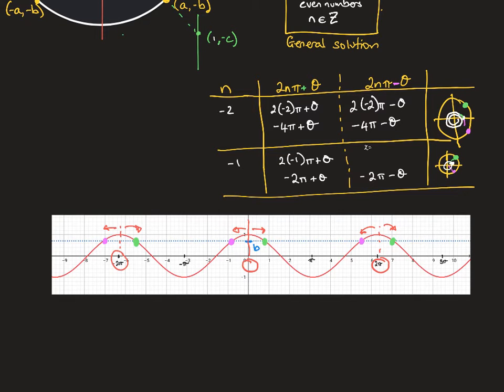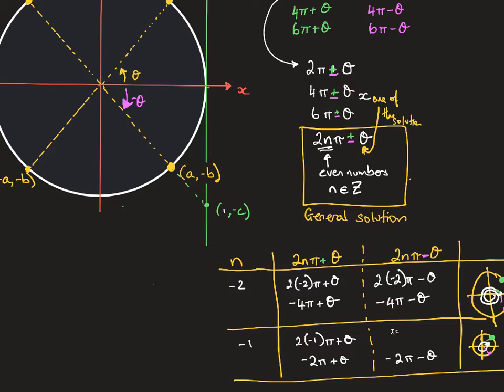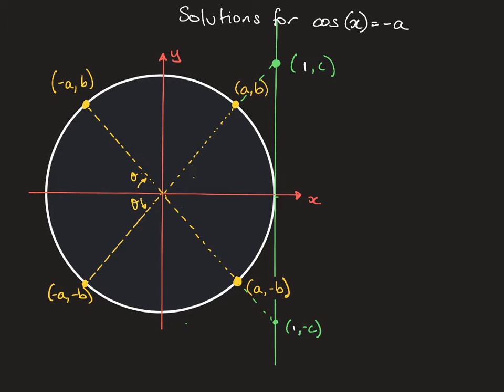Now, if the cos value that we're looking for the angle for is a negative value, then our B is below the x-axis. So when we think in terms of our unit circle, for a point on the unit circle to have a negative A value, that puts it in the second and third quadrant, so over the negative section of the x-axis.